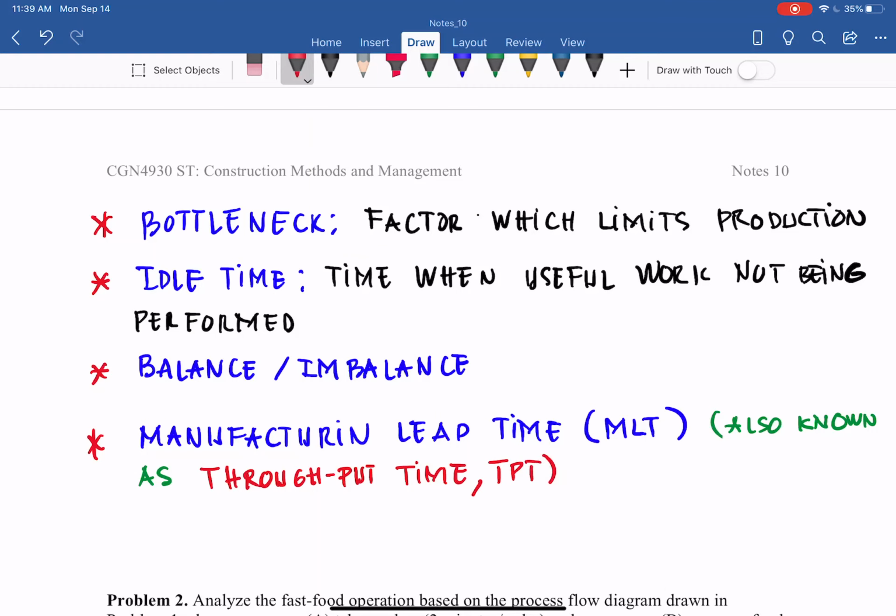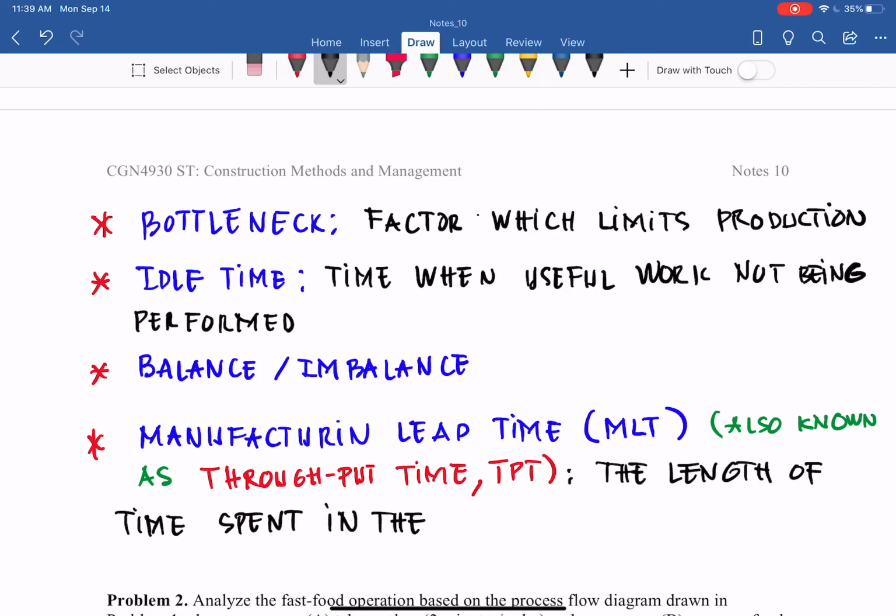The manufacturing lead time or throughput time is defined as the length of time spent in the process.